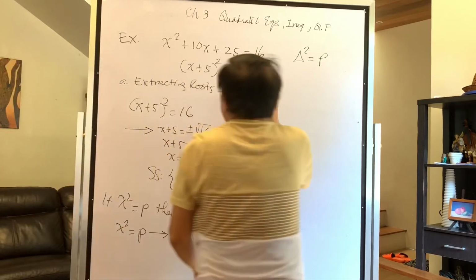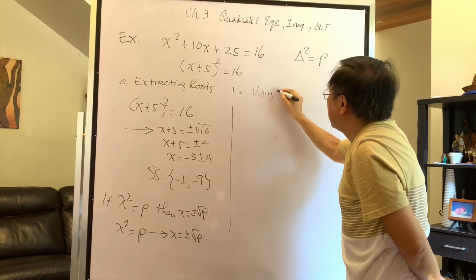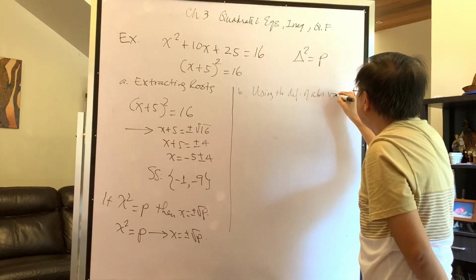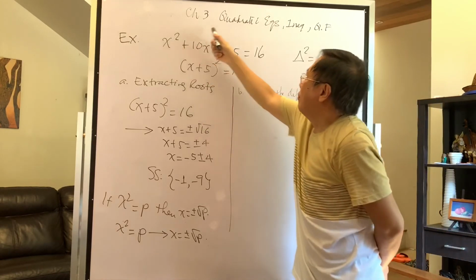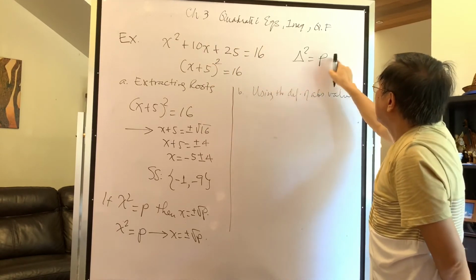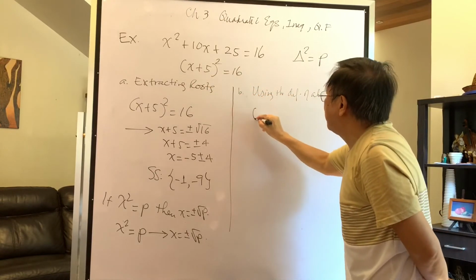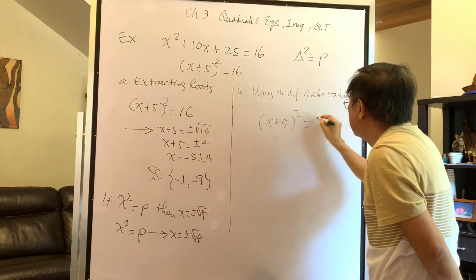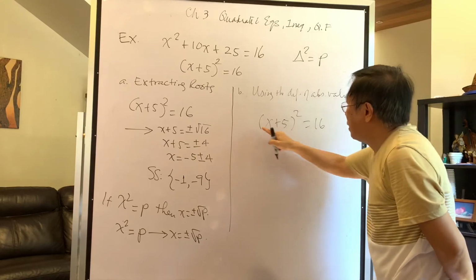On the other hand, if we use here the definition of absolute value, we have the same format. We want to have this given equation transformed into this form. Now we already have this. So we get the coefficient of this expression here now equal to 1.